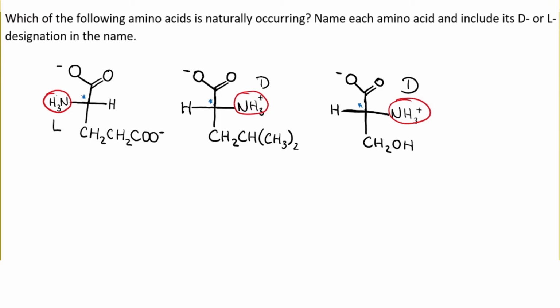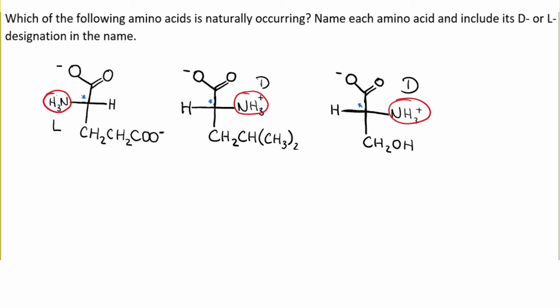Use any way you can remember something, whether it's flashcards or whatever. Also remember their three-letter code and their single-letter code, and you need to remember what their R groups look like. You can do this by drawing them numerous times, or you can just flashcard them.